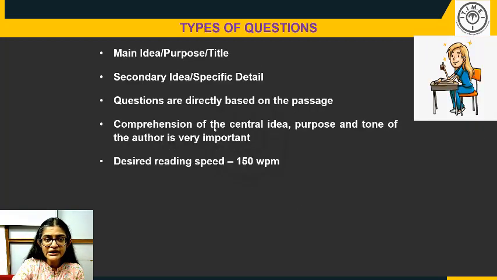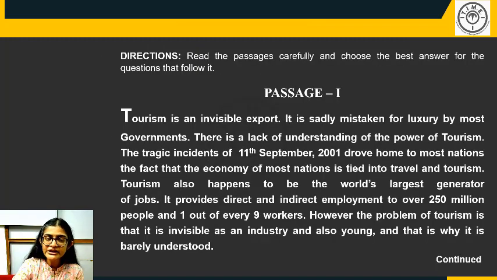Okay, some of the other question types that are missing on this slide, but some of the other question types you can expect are tone of the passage. Okay, you may have questions that are based on the tone of the passage.